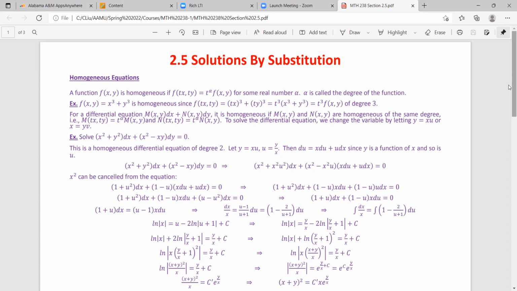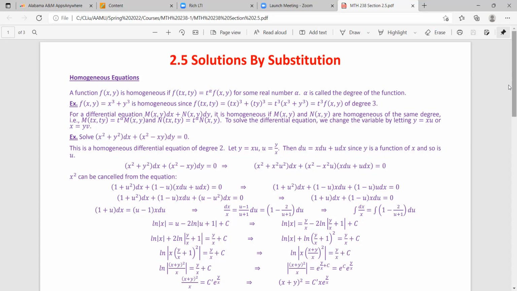If you multiply both variables, x and y, by a factor t, and plug into the function, and you get the new function equal to t to the alpha times f of x, y.